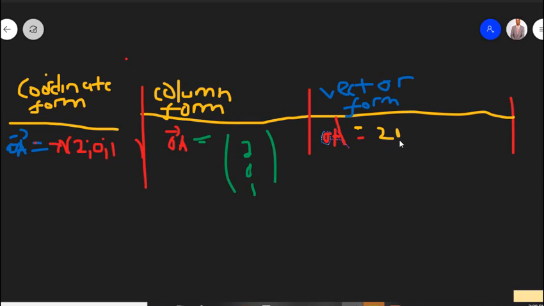The 0j is zero and 1k is equal to k only. Then we'll be left with 2i plus k.